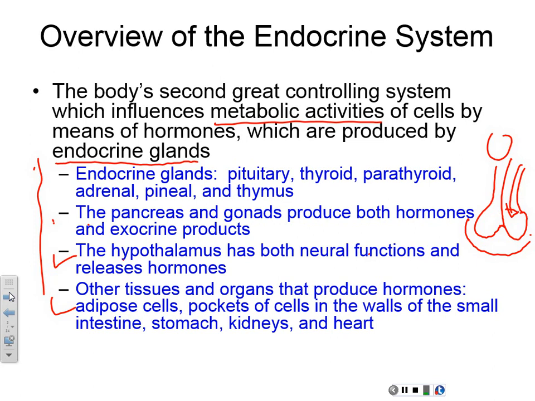All right, and you know, the small intestine as well releases hormones like cholecystokinin, okay, and secretin that are involved in digestive functions. All right, and the kidneys will release erythropoietin, which is one of the hormones that is involved in creating more blood cells, red blood cells.